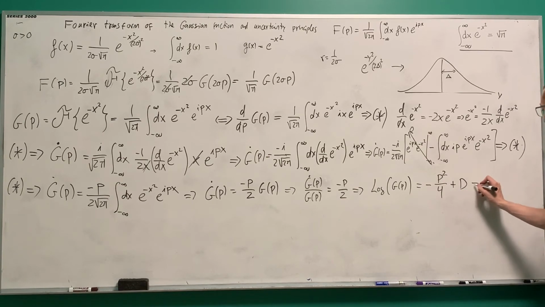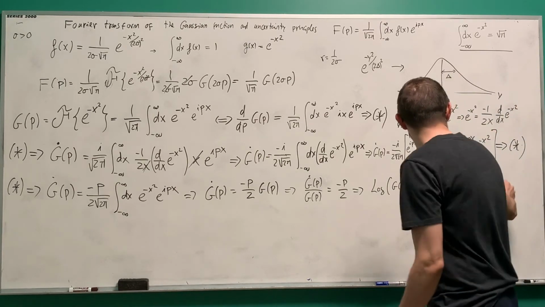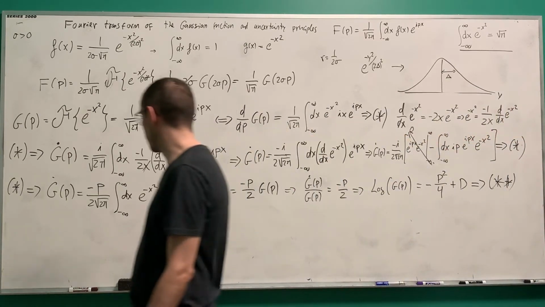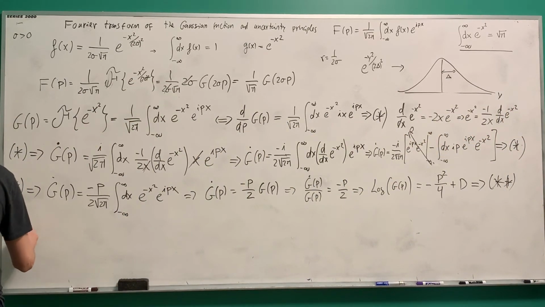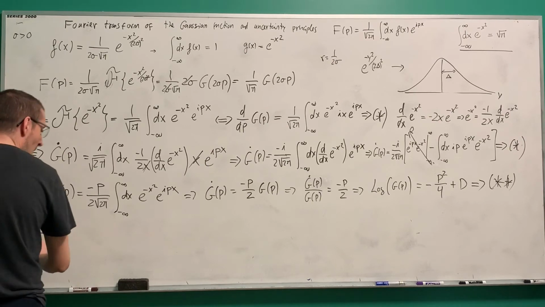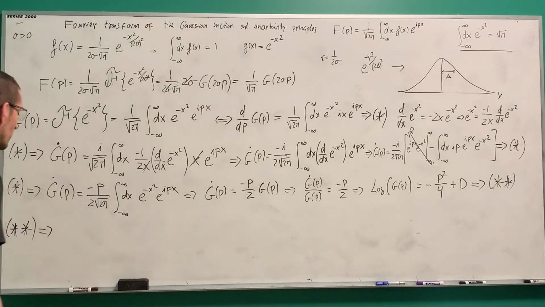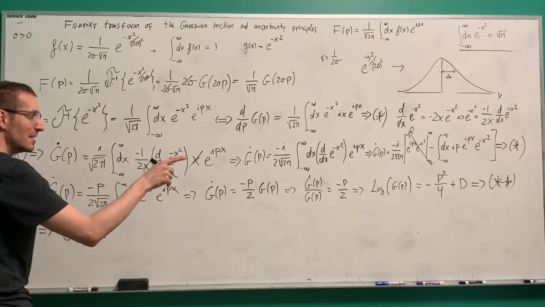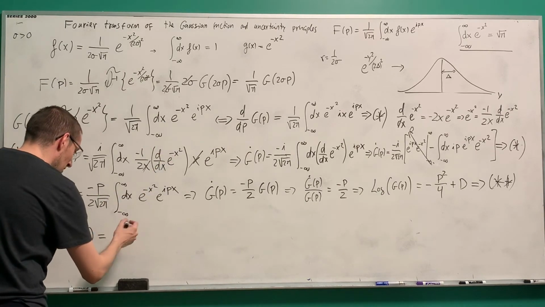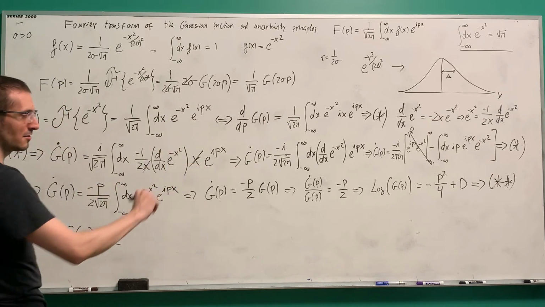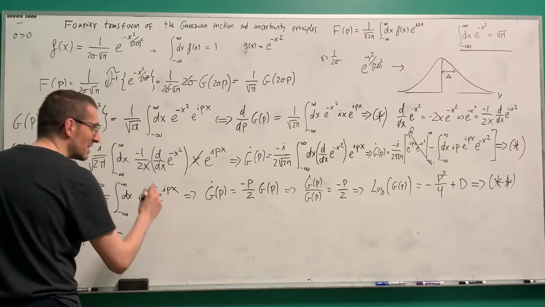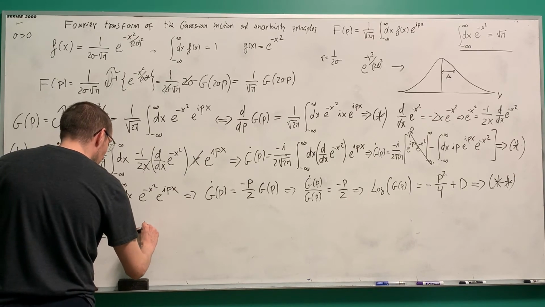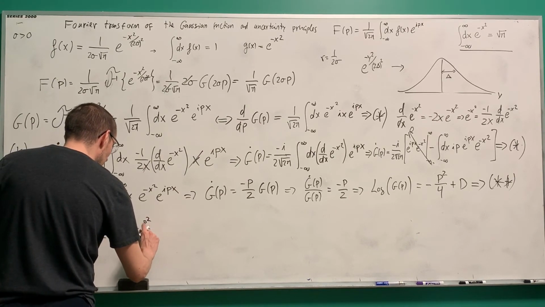I take the exponential on both sides. Let's open another wormhole. This one's special. Taking exponential on both sides, the first one gives the log. And I get a constant, which I'm calling c, the exponential of d, right? Exponential of minus p squared divided by 4.